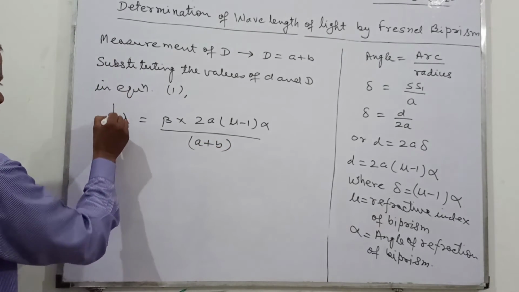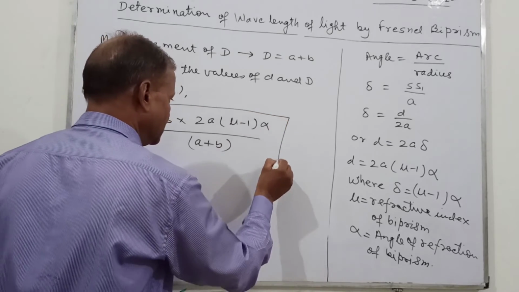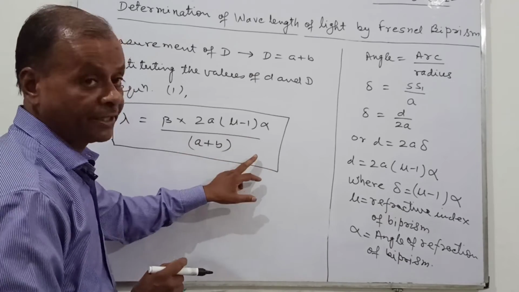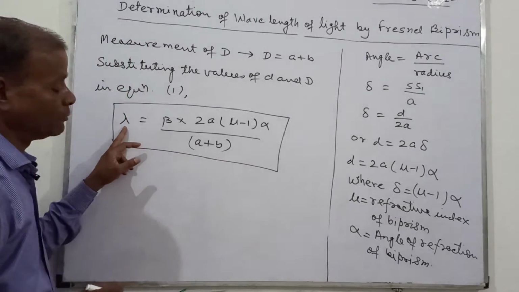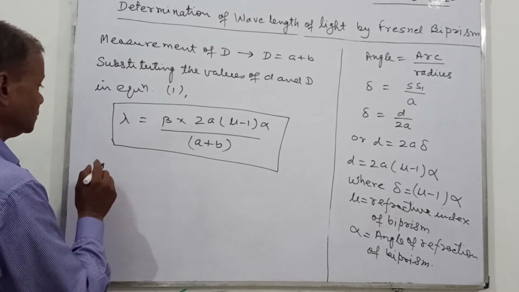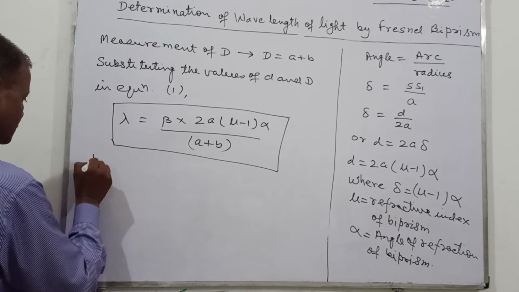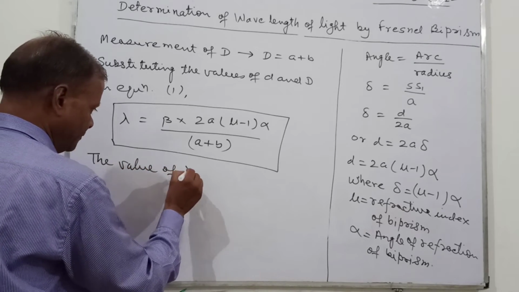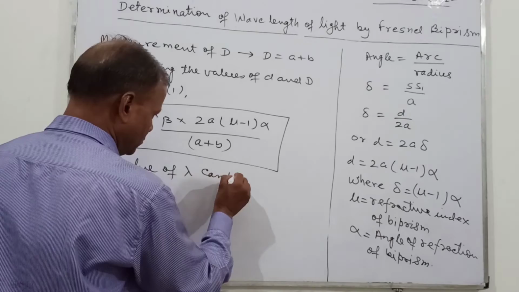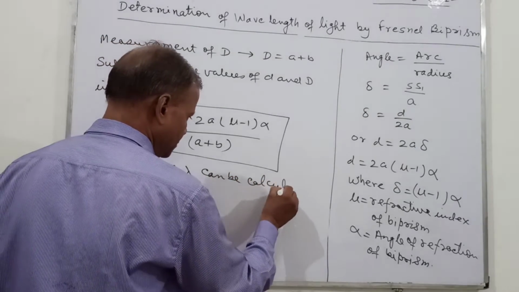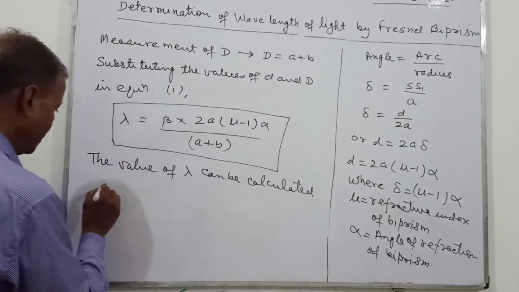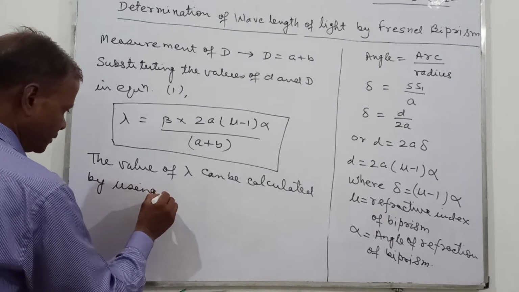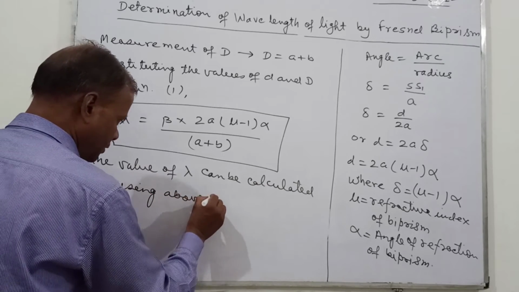Now with the help of this formula we can calculate. All these quantities are known to us by the experiment and we can calculate the value of lambda. The value of lambda can be calculated using the above formula.